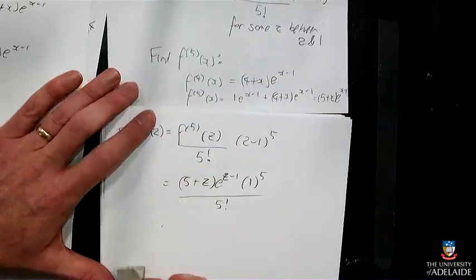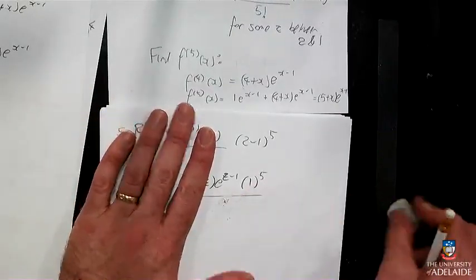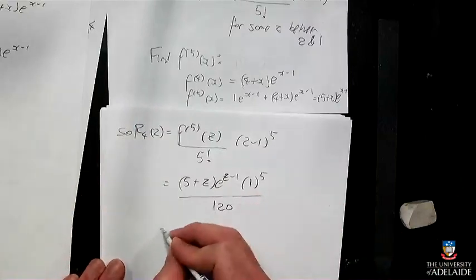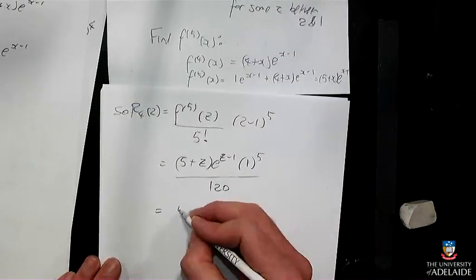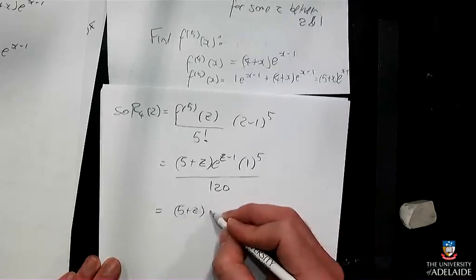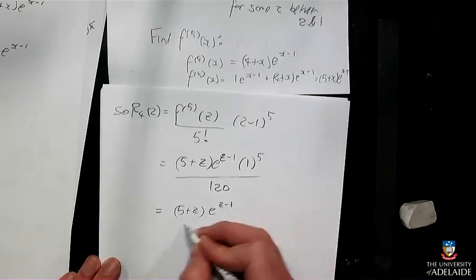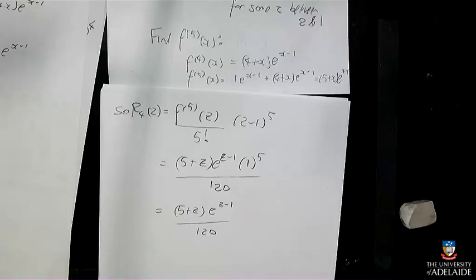I guess 5 factorial is 120, isn't it? Fabulous. So here's the question. What could the size of this be? It looks like it's positive, so the absolute value is the same.